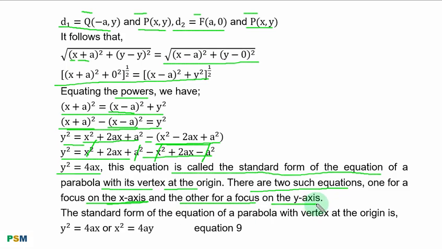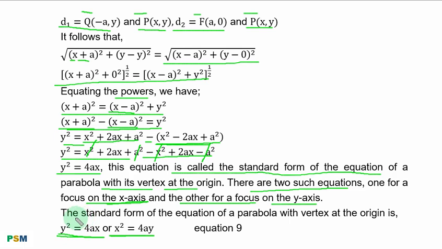If you have the focus on the x-axis, you have this equation for the parabola. If you have the focus on the y-axis, you have this equation for the parabola.